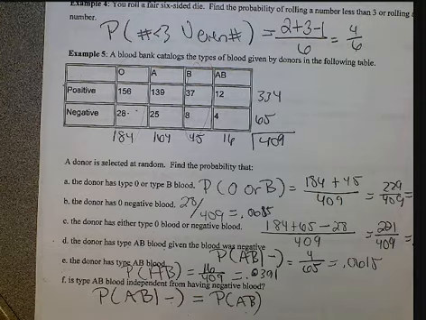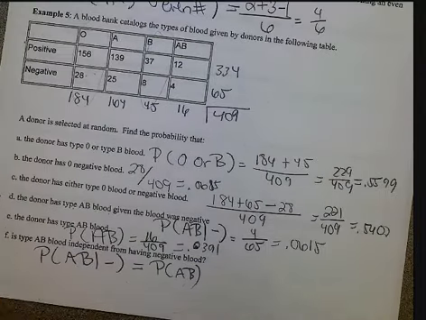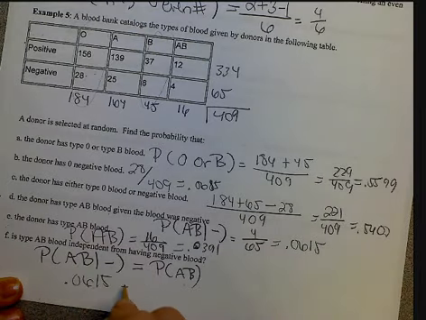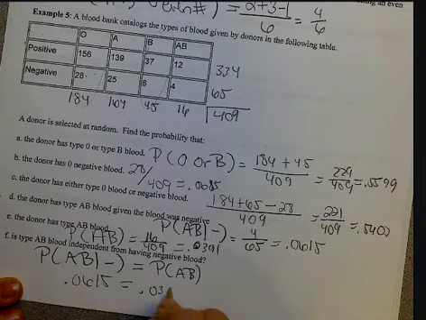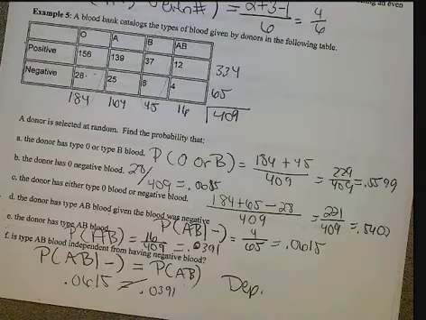If these are equal, they are independent. The probability of the negative doesn't affect anything. However, when we go back and look at the previous problem, we've actually figured this out. 0.0615, does that equal 0.0391? No, they do not equal, therefore these are dependent.